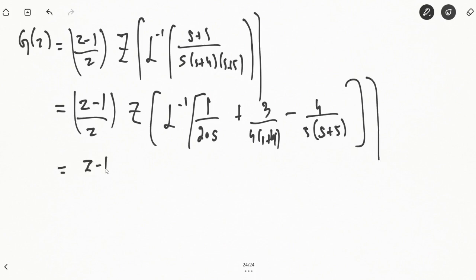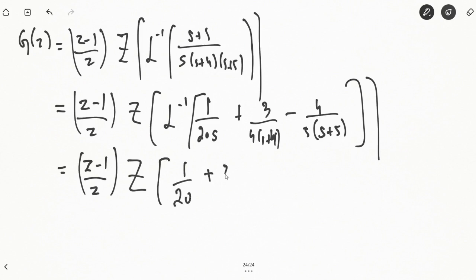So (z minus 1) by z times the Z transform of the Laplace inverse, which is 1 by 20 plus 3 by 4 e raised to the power minus 4t, minus 4 by 5 e raised to the power minus 5t.